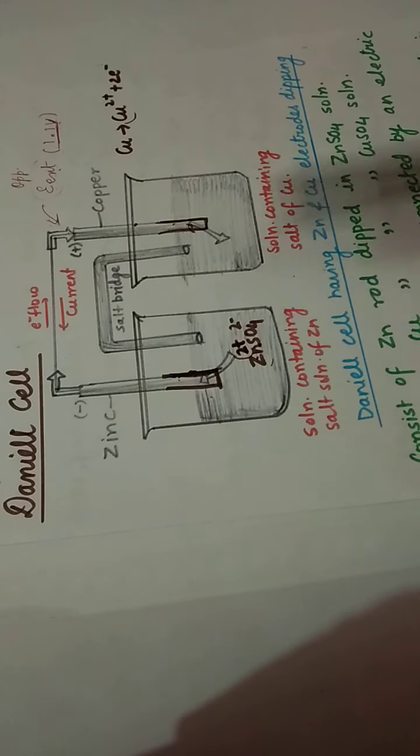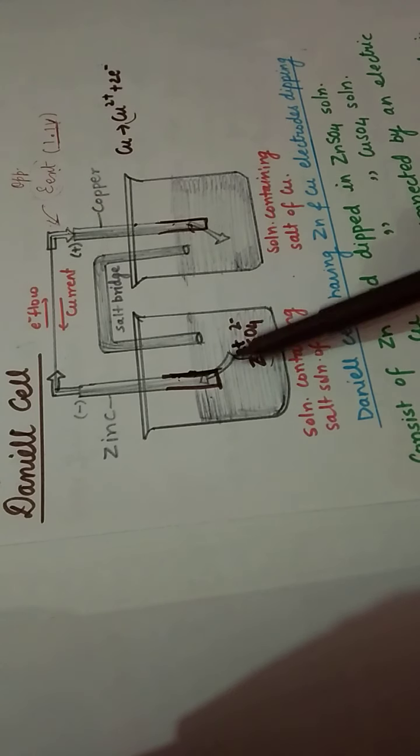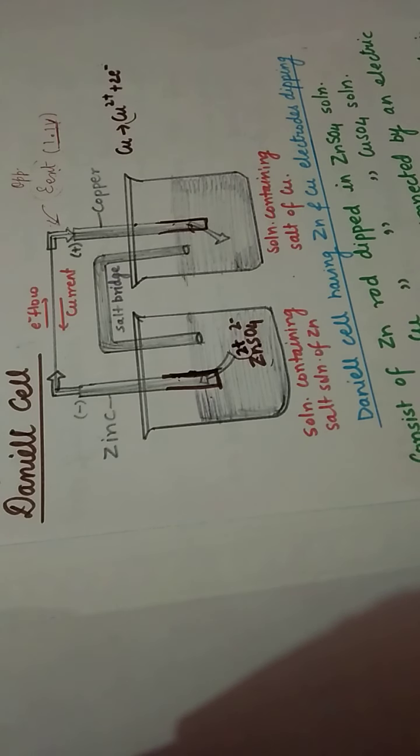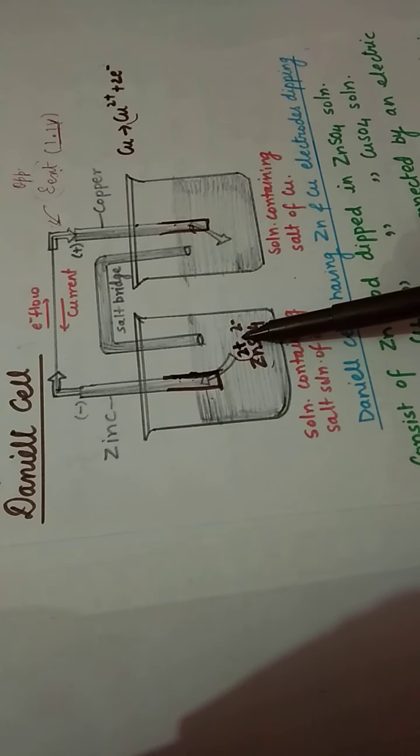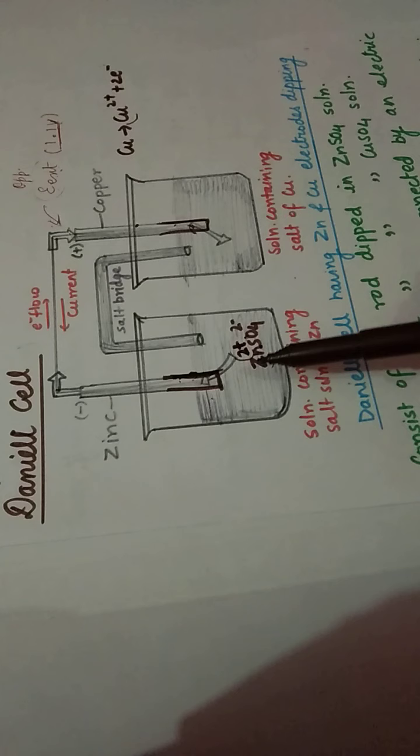As a result, a potential difference develops between the electrode and the electrolyte. This potential difference is known as electrode potential.